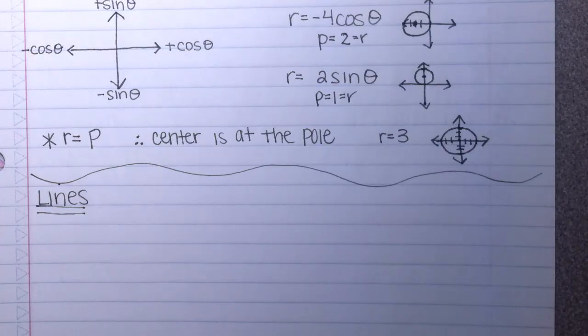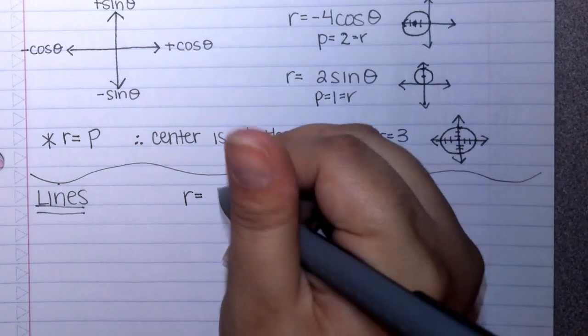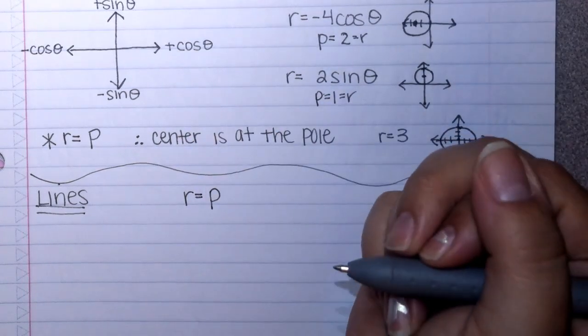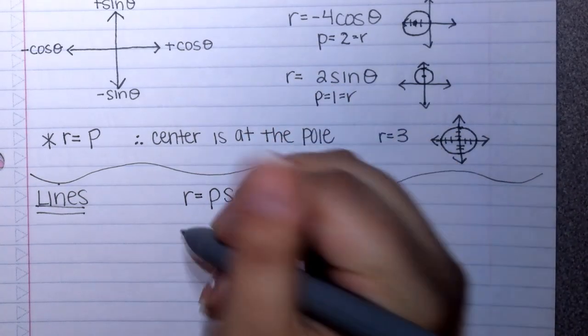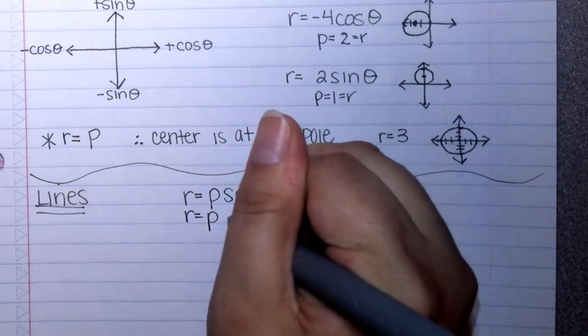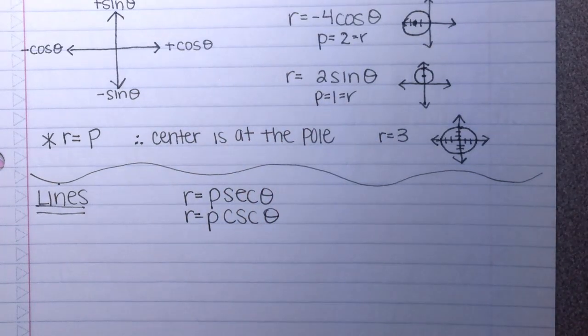Anybody remember? It's not cosine and sine. Lines were secant and cosecant. Lines are the only equations that will have reciprocals.